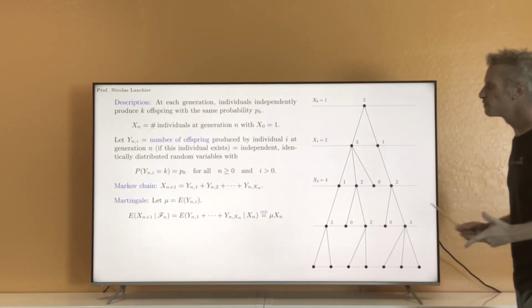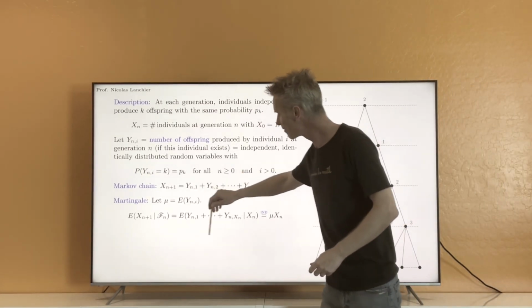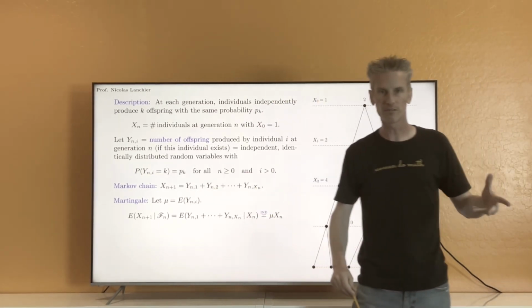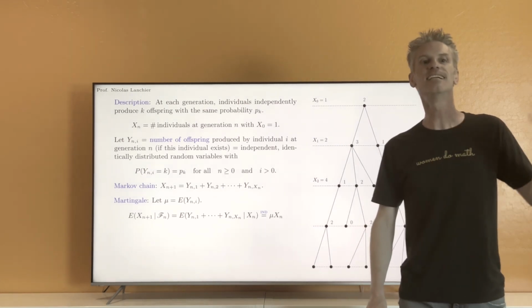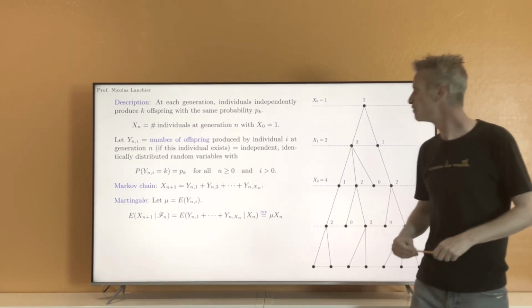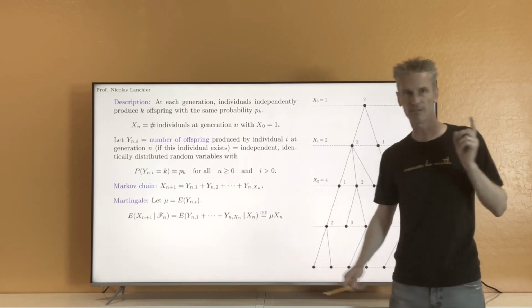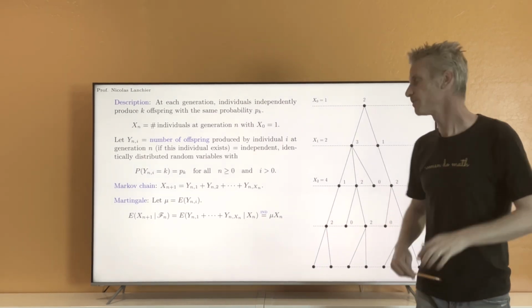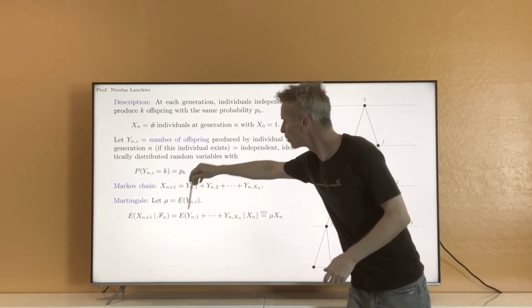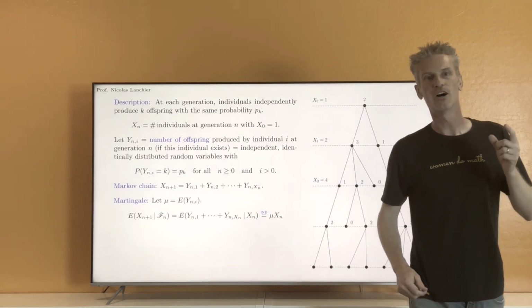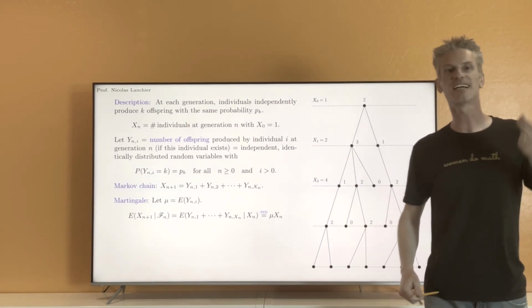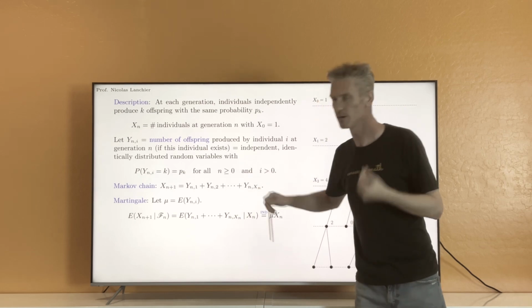Now, if you look carefully at this expression, you have a sum of random variables that are identically distributed, and they are all independent of X_n. But the number of random variables here depends on X_n: you have exactly X_n of them.